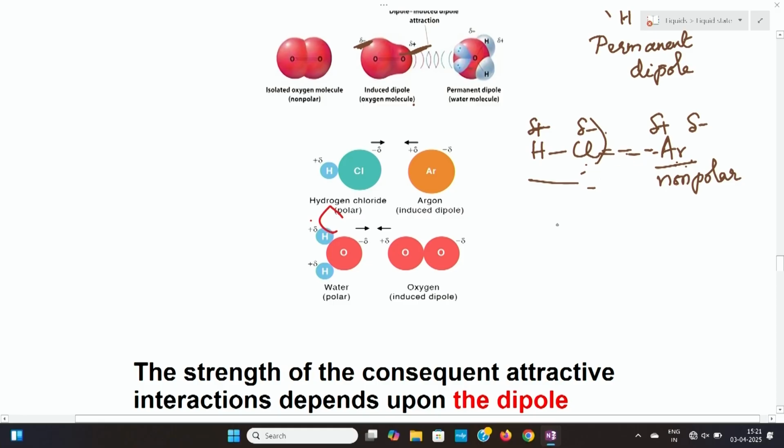The second thing is the polarizability of the nonpolar molecule. That means how fast this nonpolar molecule can be distorted by the effect of the polar molecule. So, two factors affect the dipole-induced dipole forces. One is the polarizability of the nonpolar molecule. The second is the high polarity of the polar molecule.